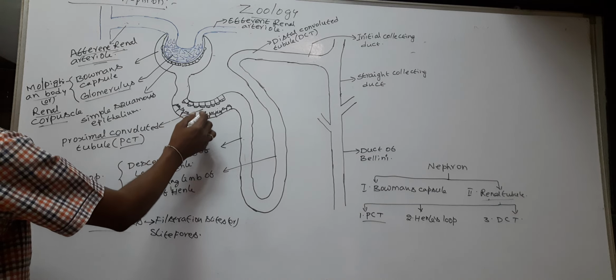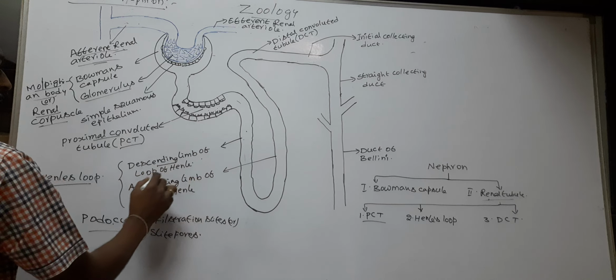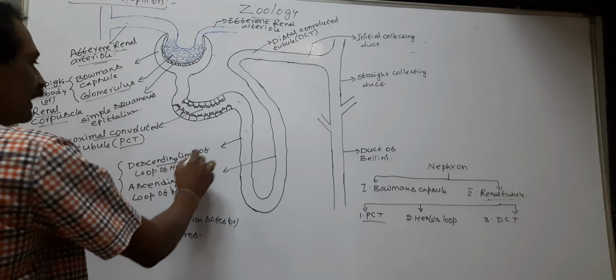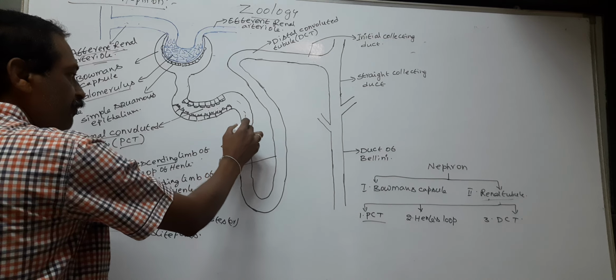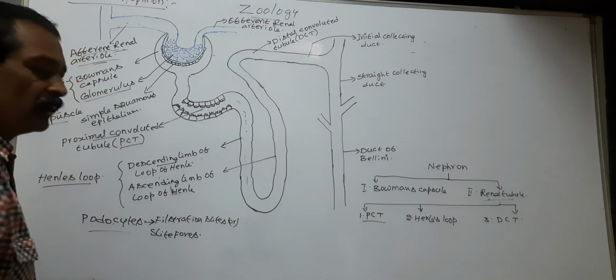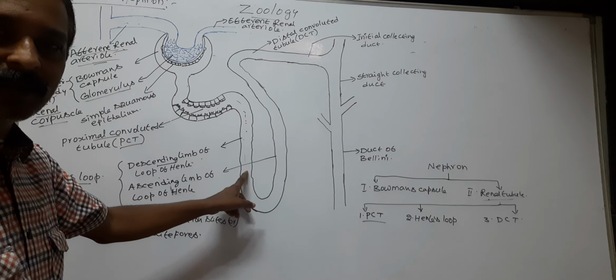So here the PCT opens into the descending limb of loop of Henle. The descending limb of loop of Henle enters deep into the medulla.